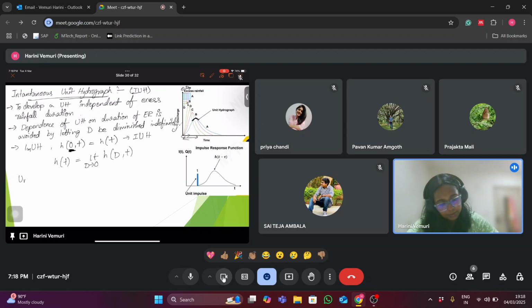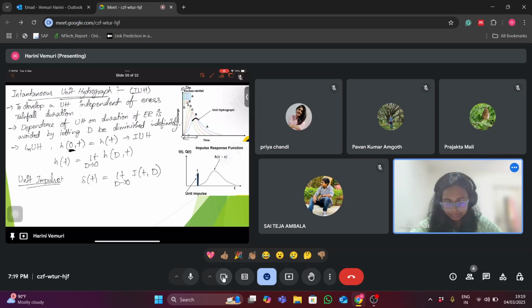And we also have some terms in this IUH, instantaneous unit hydrograph. The first one is the unit impulse. Unit impulse is the spike. If you see here, you can see a spike that is occurring for a very short duration. That is a unit impulse. Okay, it's defined as delta t equal to limit t tends to 0 I of t comma t.